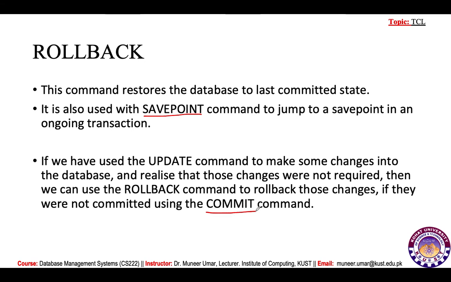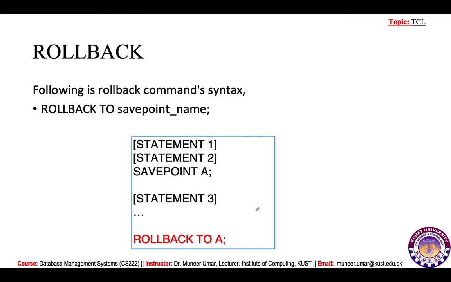So if this commit is not executed, then we can roll back the update or DML commands easily. This is the syntax for rollback. Here we have some statements and a checkpoint called as save point, and this is the name of that save point or the label of that save point. So we can roll back to that particular save point. Without this save point, we can also roll back the entire code if there is no commit used in it.